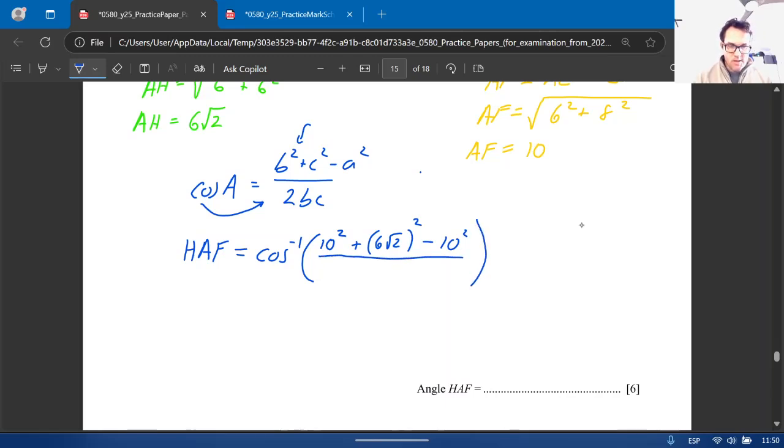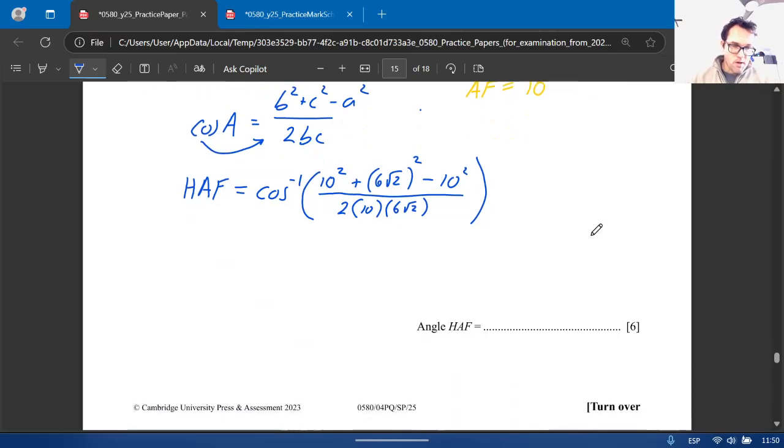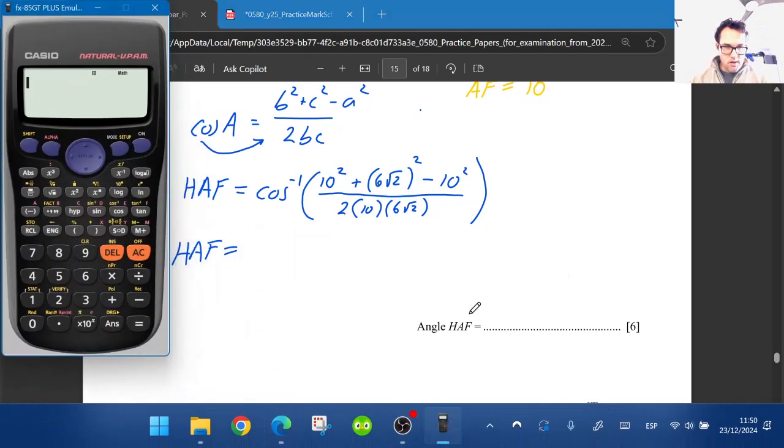You can swap this 10 and that 6 square root 2 around. But you have to have a minus 10 squared at the end there. And then at the bottom, you need to have this correct as well. Okay, don't use the wrong numbers. That's how we get it wrong. So, HAF equals, let's put that into the calculator.